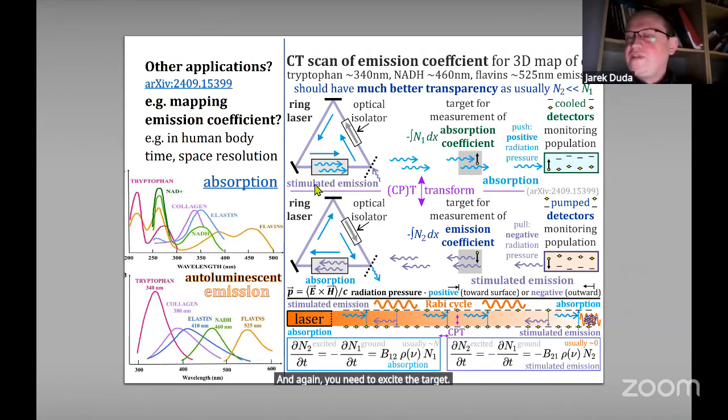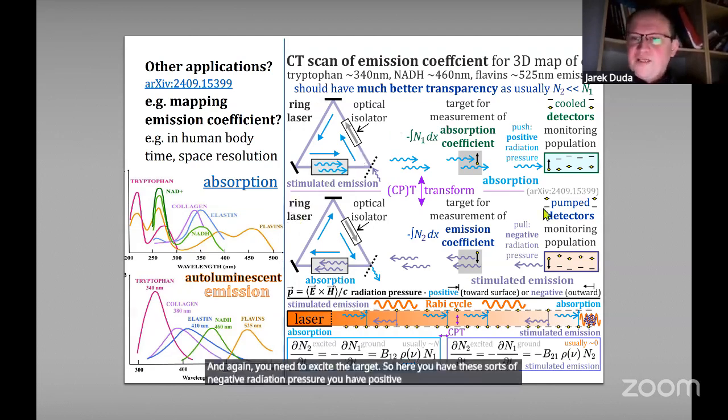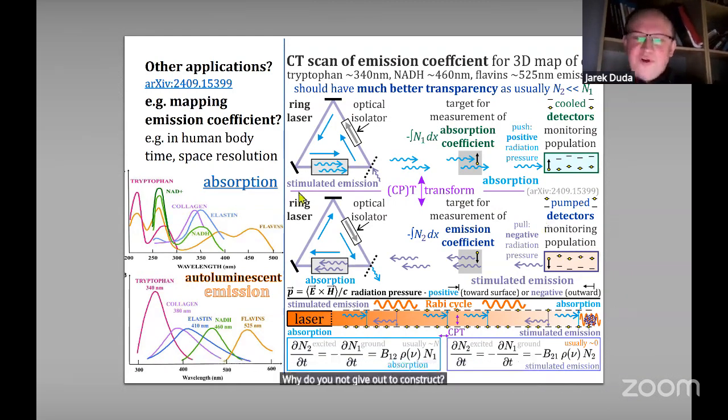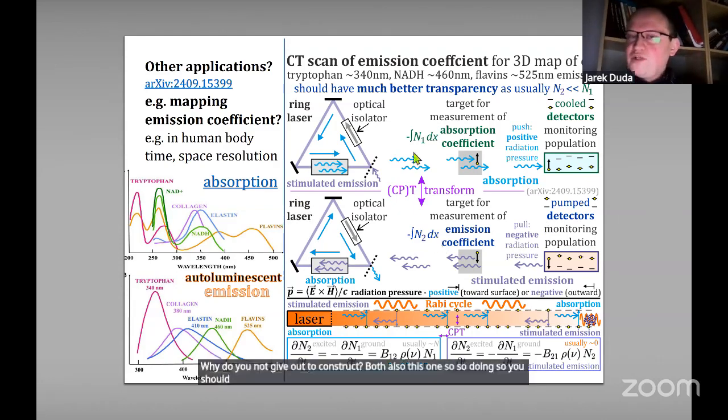Here you have this source of negative radiation pressure, here you have positive, and here you need to excite the target. You need this sensor with pumped atoms. It's not too difficult to construct. Doing so, you should be able to calculate not the absorption coefficient but the emission coefficient.